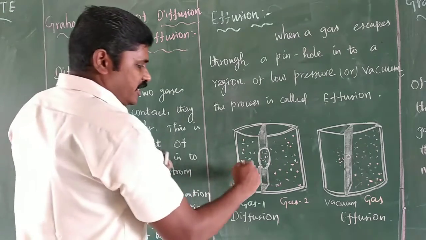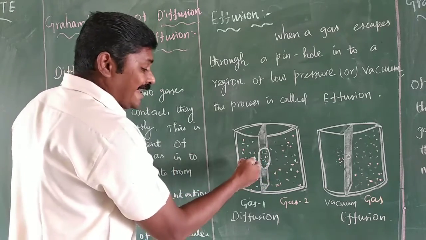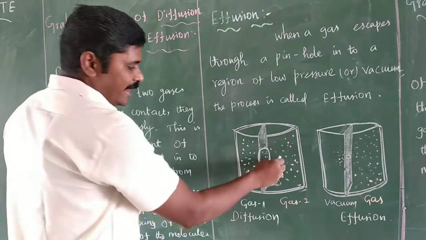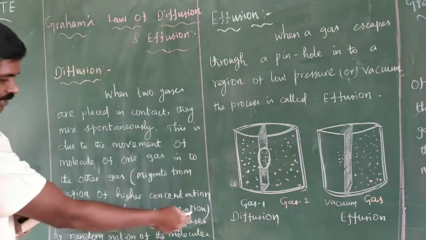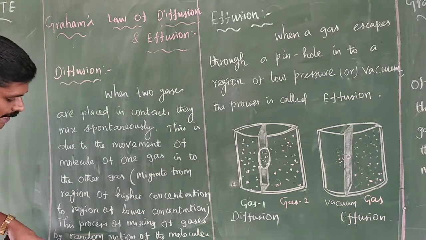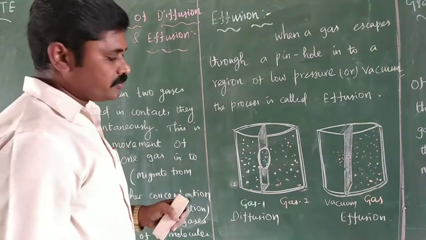The migration is possible from higher concentration to lower concentration. This process of mixing of gases by random motion of the molecules is called diffusion.